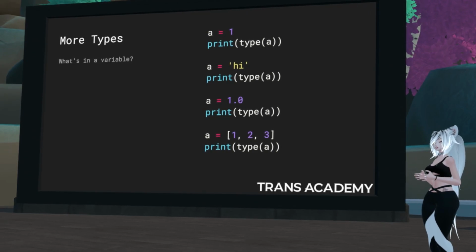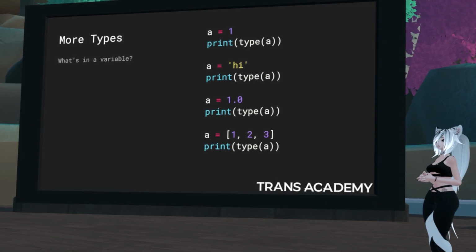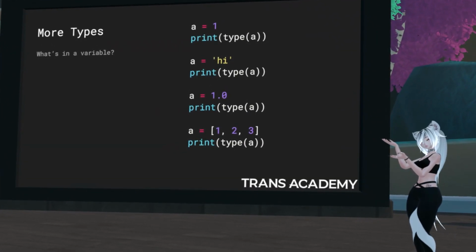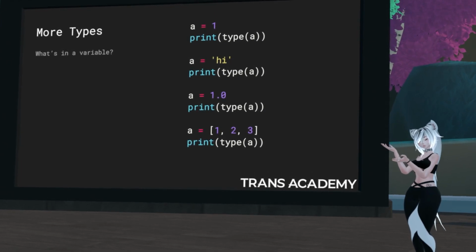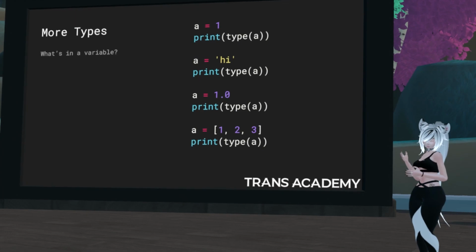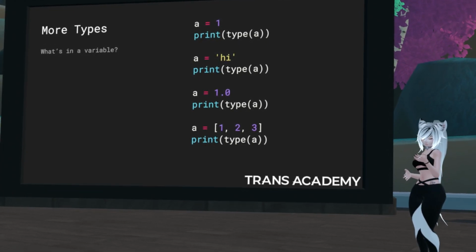Or let's say you have a calculator, right? In the case of a calculator, you would have a variable that's going to be the input that is given to you from the user, whatever button they've decided to click. And you would have a separate variable for the actual final result.